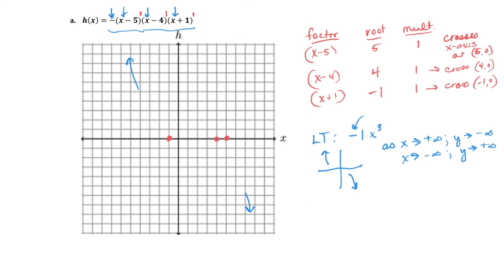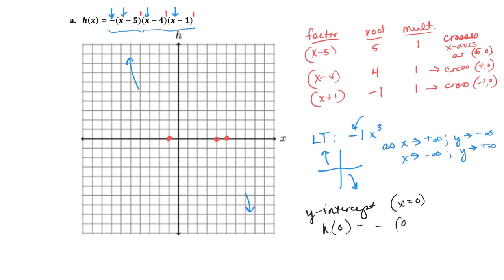And then finally, I need to look at my y-intercept, where x is equal to 0. That's the last piece of information I need here for my graph. So my y-intercept occurs where x equals 0, so I'll evaluate h of 0.